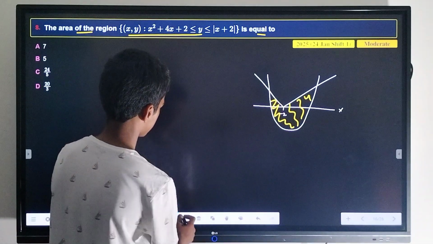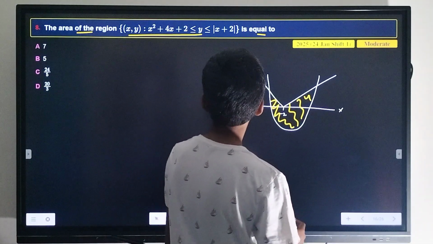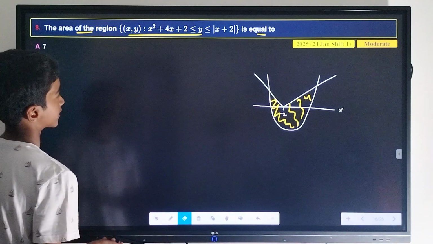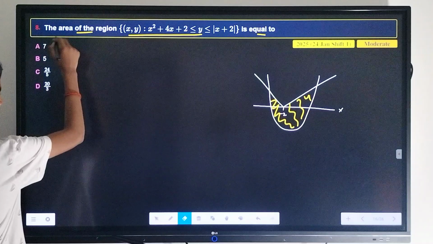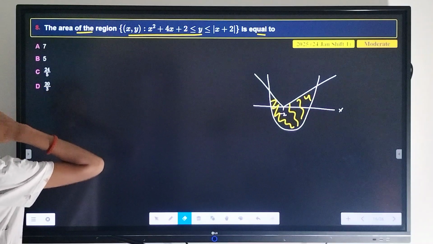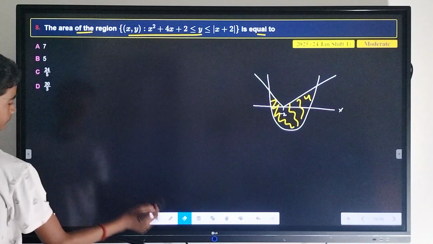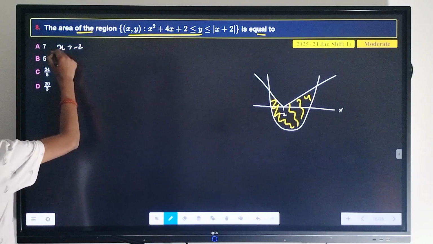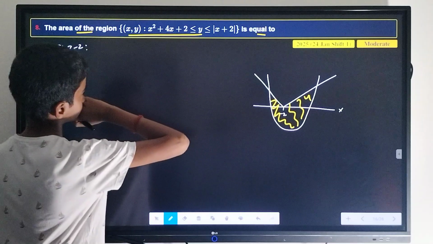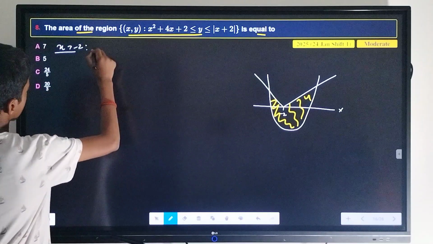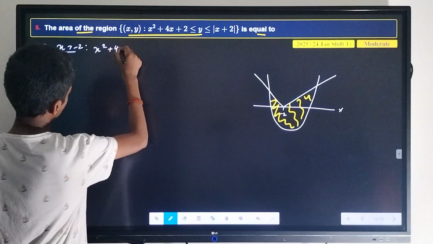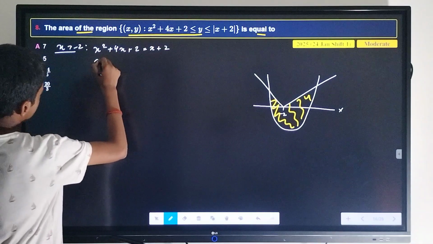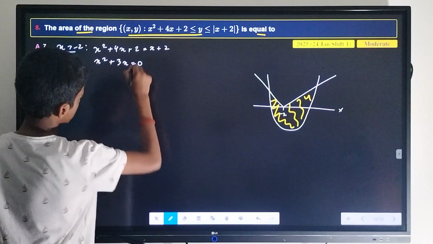So let's compare x square when our x is greater than minus 2. We will get x square plus 4x plus 2 is equal to x plus 2. So x square plus 3x is equal to 0.